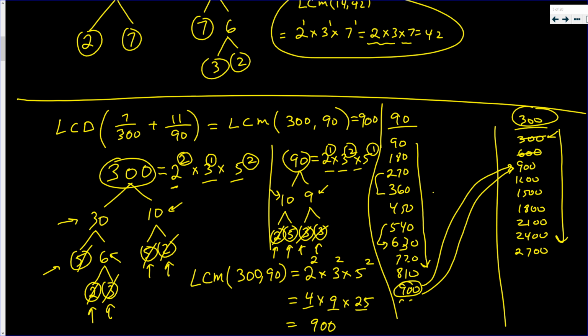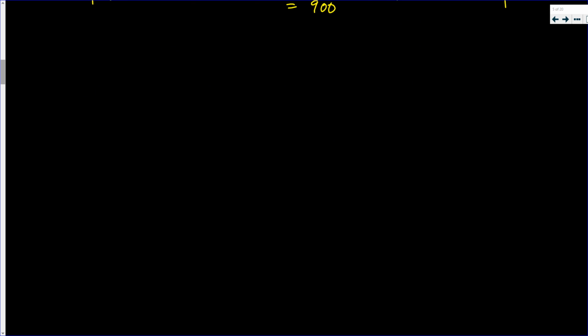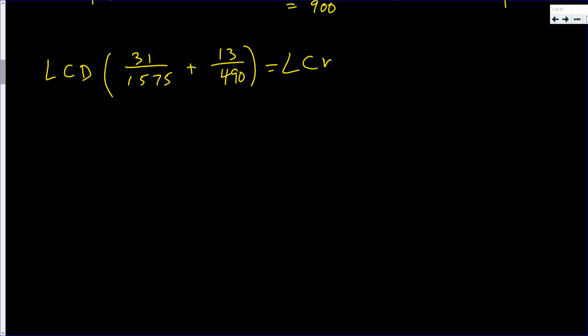So here are two ways of doing this. We can use the factor trees, or you can use least common multiples. Least common multiples, that is a times table. If you want to find the LCD of 31 over 1575 plus 13 over 490, that is, you want to find the least common multiple of those denominators.